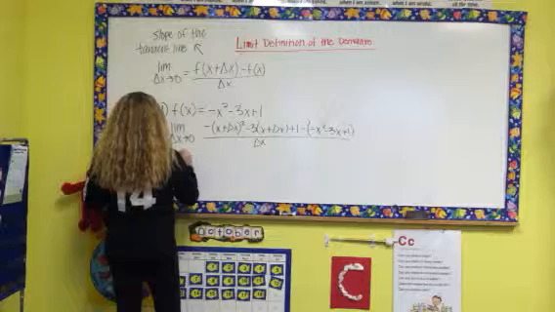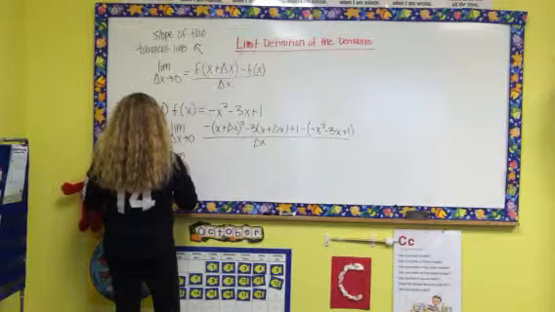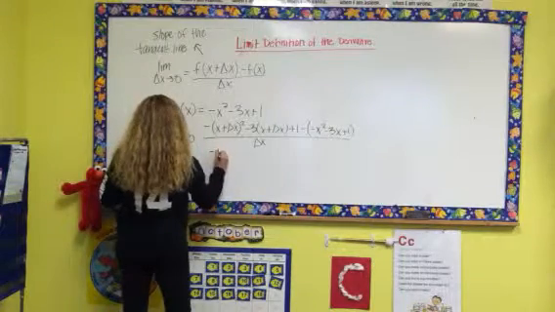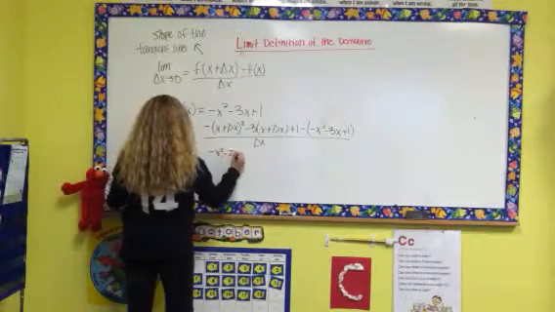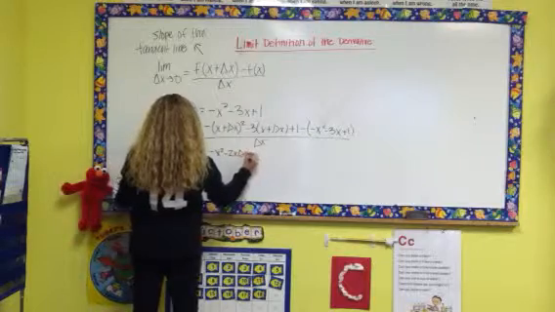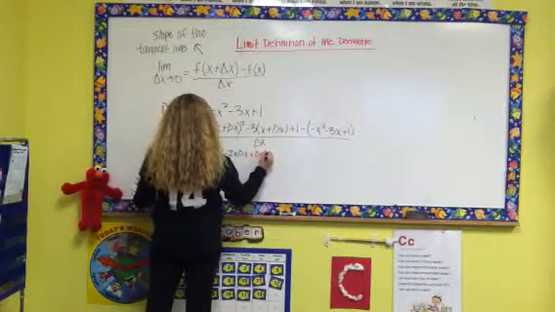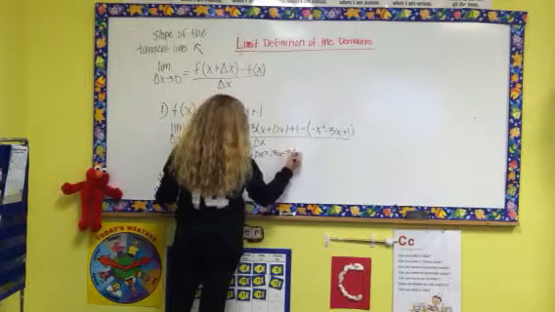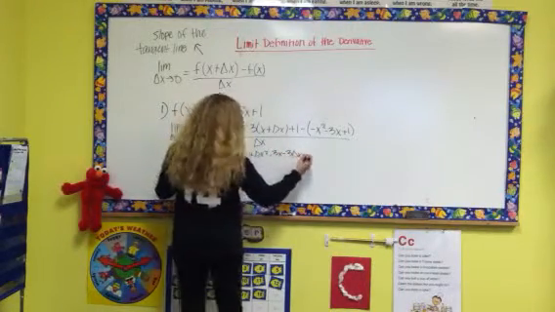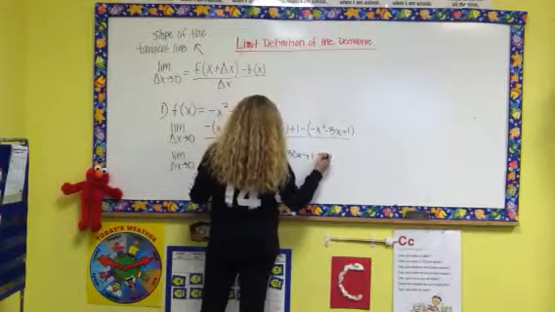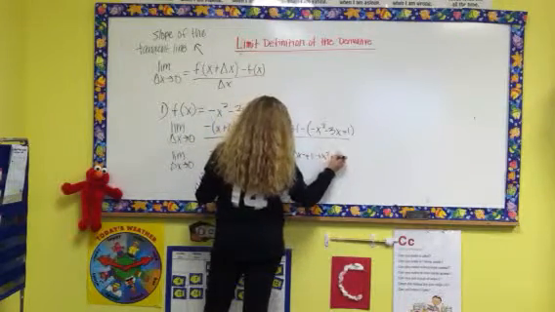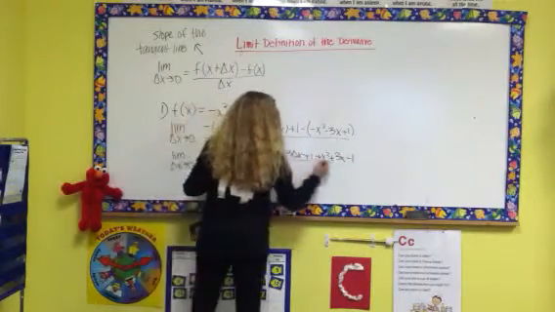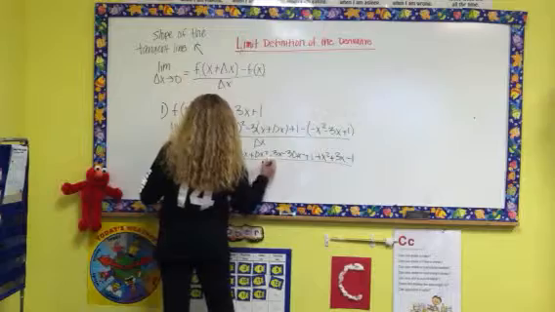Now we simplify this to negative x squared minus 2x delta x plus delta x squared minus 3x minus 3 delta x plus 1 plus x squared plus 3x minus 1 all over delta x.